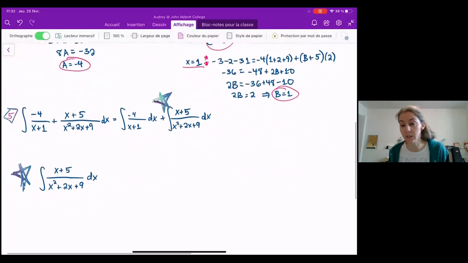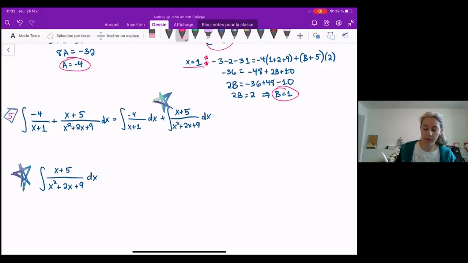And we know that when we see something like this, there's no simplification I can do. We eliminated that possibility. So then we ask ourselves if there's an obvious substitution. So I'm going to write down what that obvious substitution would be if it were there. So u is equal to x squared plus 2x plus 9, and du would be 2x plus 2 dx.